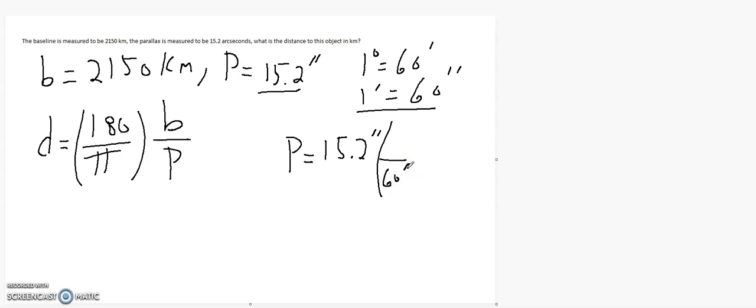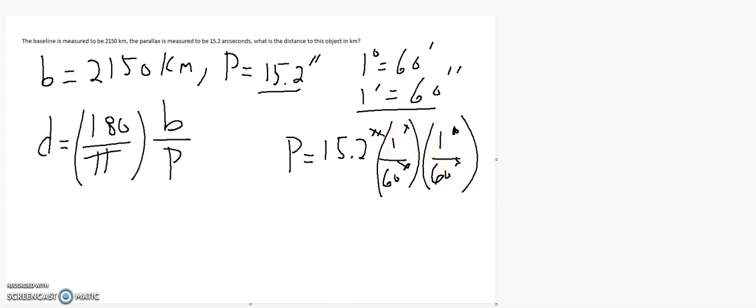Remember, the two hash marks as arc seconds is 1 arc minute, so this cancels this, and then we know that 60 arc minutes, so that's 1 hash mark, is 1 degree. That's a degree, sorry, that's supposed to be a circle. And so the arc minutes cancel.